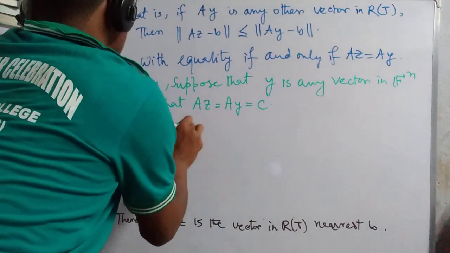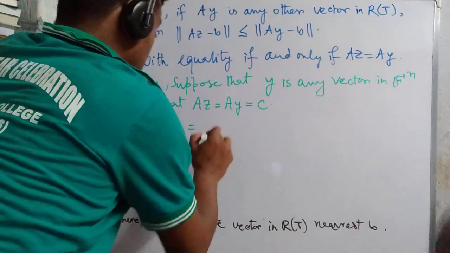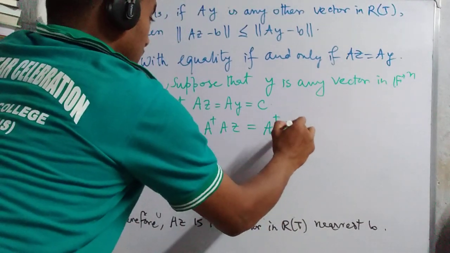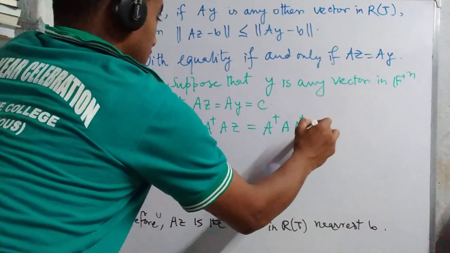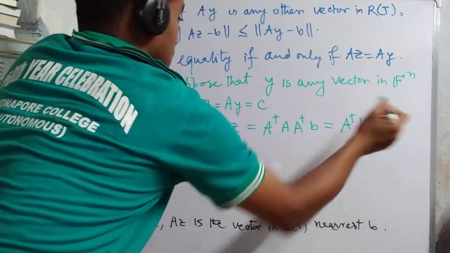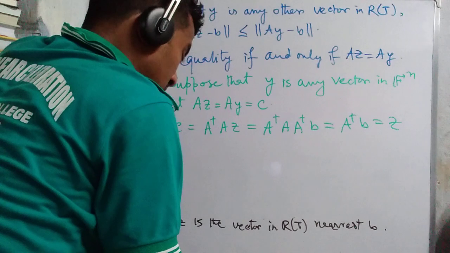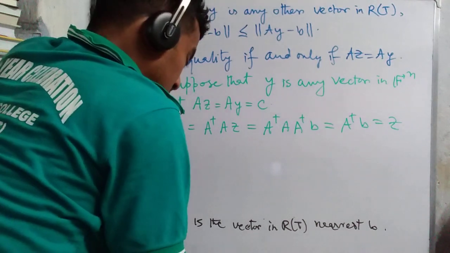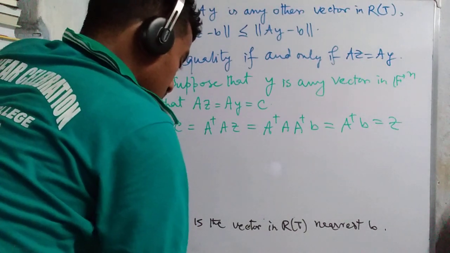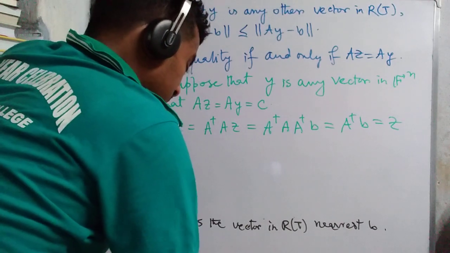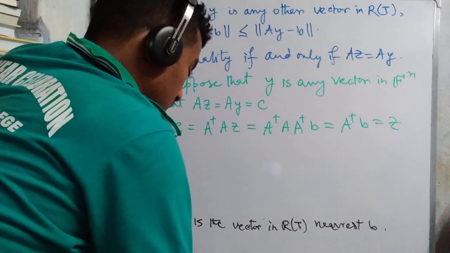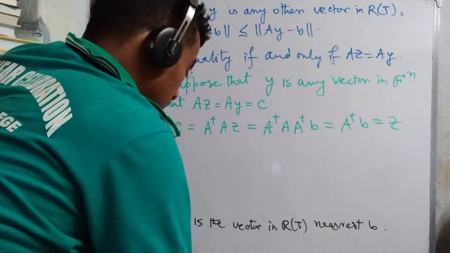Then A dagger C equal to here A dagger Az equal to what? A dagger A, here A dagger B equal to what? Equal to A dagger B equal to Z. Okay, then we also see that Ax equal to C to conclude that norm Z less than equal to norm Y with equality if and only if Z equal to Y.